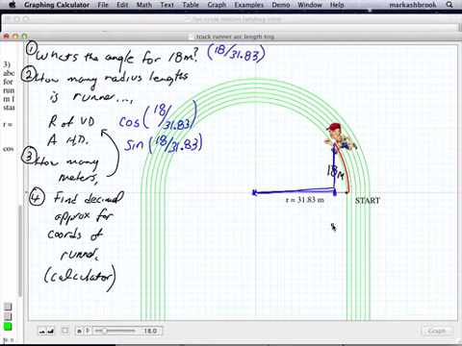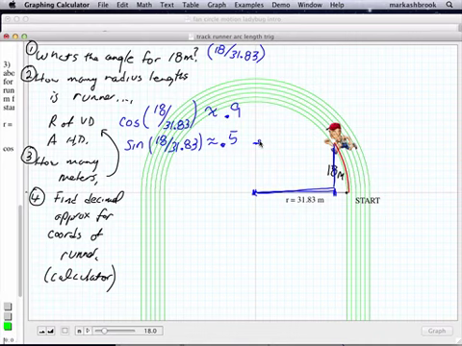It's the number of radius lengths, so maybe this is around 0.9 as a guess. And then what about the sine? Something about 0.5, right? So in terms of radius lengths, it's about half a radius length. Here's a full radius length above, so he's about halfway there. Okay, those are just loose estimations just to make sure we understand.